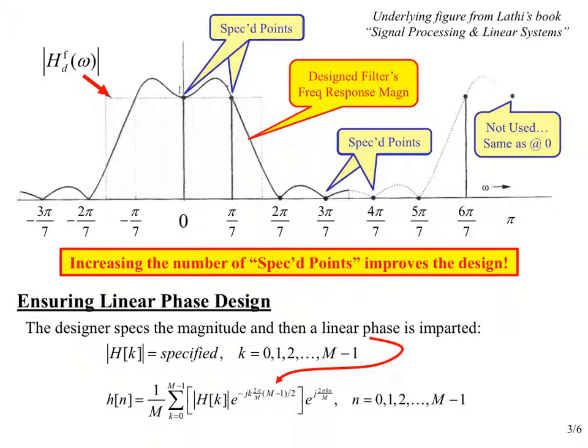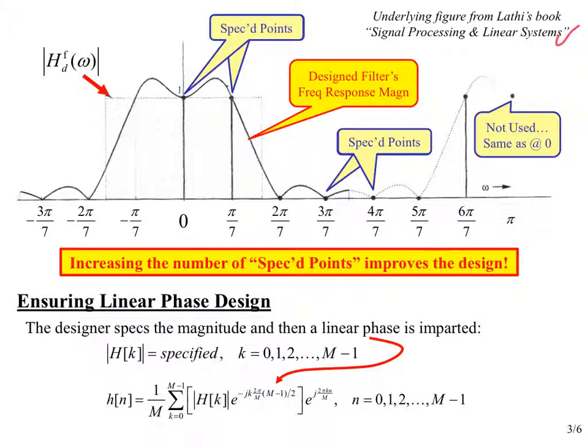Okay, going to the next slide here. This is just a nice picture of what we're doing, and I borrowed this from yet another book, this one by someone named Lathi, a book with the title Signal Processing and Linear Systems. Really more of a signals and systems book, but it goes into a lot of detail on a lot of this discrete time stuff that we're studying here.